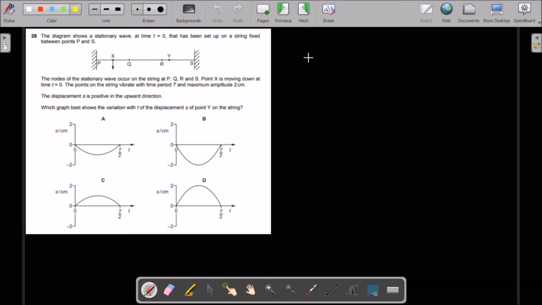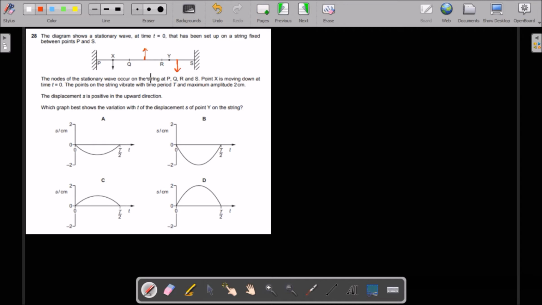First of all, X is exactly in the middle of P and Q, so it is an antinode. If X moves down, then in the middle of Q and R, the particle moves up, and then in the middle of R and S, the particle moves down.